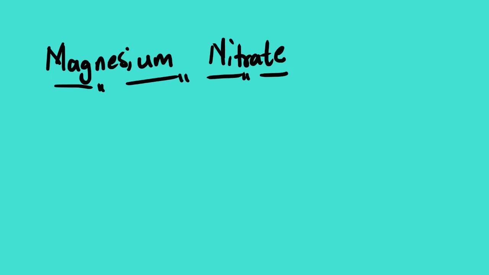Our next example is magnesium nitrate. We need to find the molecular formula of magnesium nitrate. So as usual, you can see magnesium will be part of the molecular formula. Then looking at nitrate. Nitrate is a polyatomic ion.